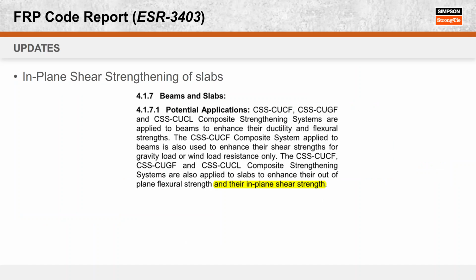We tested a wall in all these different ways for in-plane shear strengthening, and the idea is if it's a diaphragm, it's going to be kind of the same. I think that's how we are able to have that in our code report now. But they might add more requirements for testing of diaphragms, and so we might have to do more testing. Right, correct. We will be doing testing at some point.